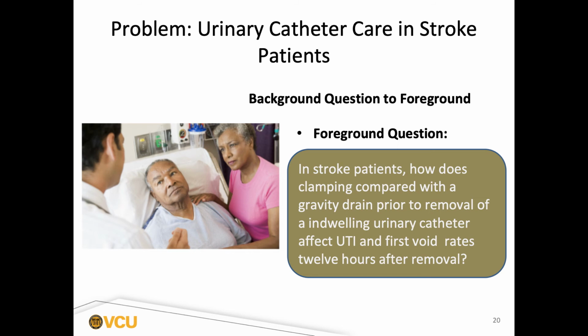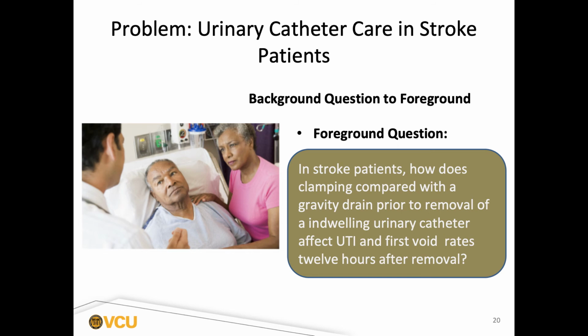After exploring your more narrow background question, you may discover a particular intervention that could help to solve the problem. This would allow you to be ready to construct a foreground question that we can then place into a PICO format.